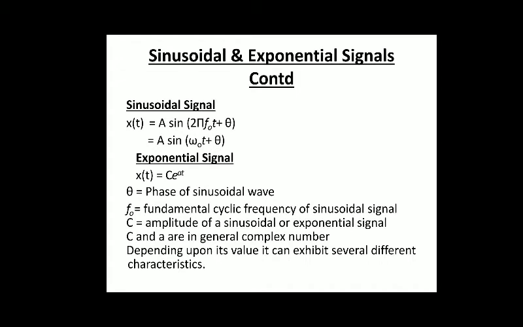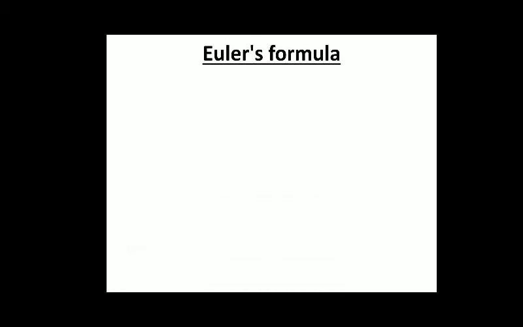It depends on what values you take for C and a, which will change the form of the graph we get. We will see that next. Depending upon the values of C and a, it can exhibit several different characteristics. Let's see those characteristics. Before that, we have to know about Euler's formula. So what is Euler's formula?